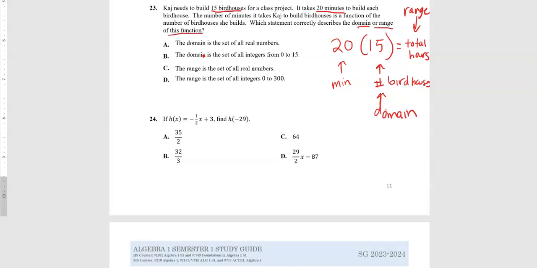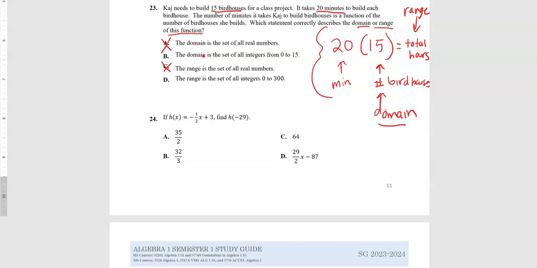So I kind of drew out over here a little example of what was happening, that it takes 20 minutes for 15 birdhouses. 15 is my domain. That's what's going to go in there. She needs to build 15, so they might build less or more. And the range is the total hours. So because we're building birdhouses, we cannot have the domain or the range be all real numbers, because we can't have a negative amount of birdhouses and I can't have a decimal amount of birdhouses.